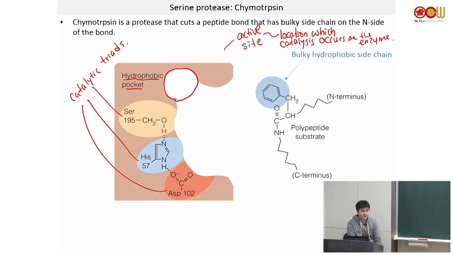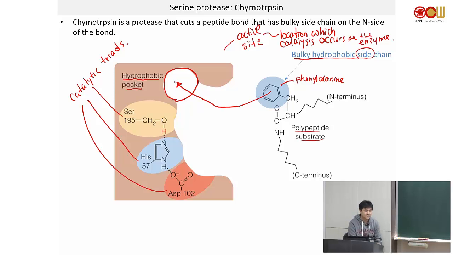And this hydrophobic pocket is going to bind very nicely with the bulky hydrophobic side chain of your substrate. So this is the polypeptide substrate, and let's say this guy is phenylalanine, right? So it's going to come in, bind right there.